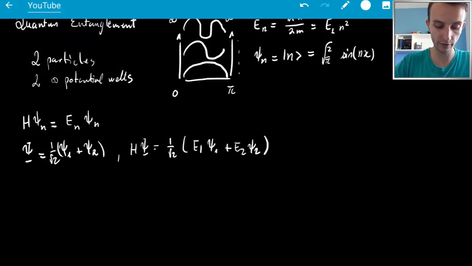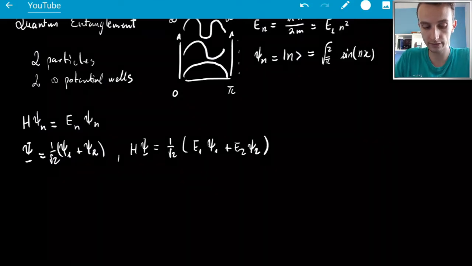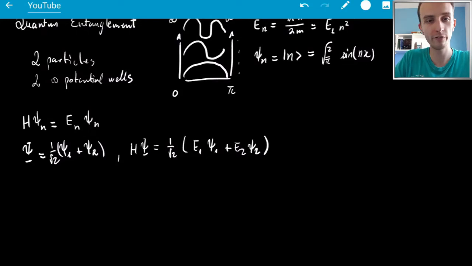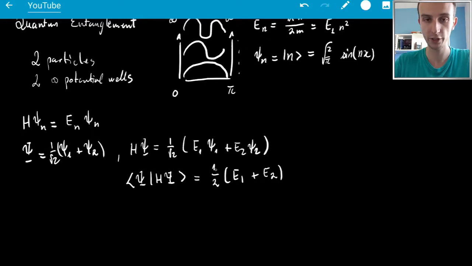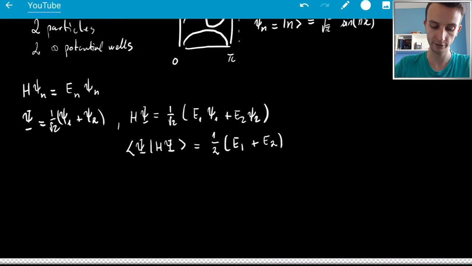And of course what this means is when we measure energy, we can only get one quantity, and so there is a probability that we collapse the wave function into psi 1, a probability that we collapse it into psi 2 by measuring the energy, and you can find this probability by just finding the expectation value of h with respect to psi, and indeed you'll get 1/2 (E1 plus E2). So there's 1/2 chance to obtain E1 and 1/2 chance to obtain E2, which means there's a 1/2 chance the particle will be in the psi 1 state, and a 1/2 chance it'll be in the psi 2 state.